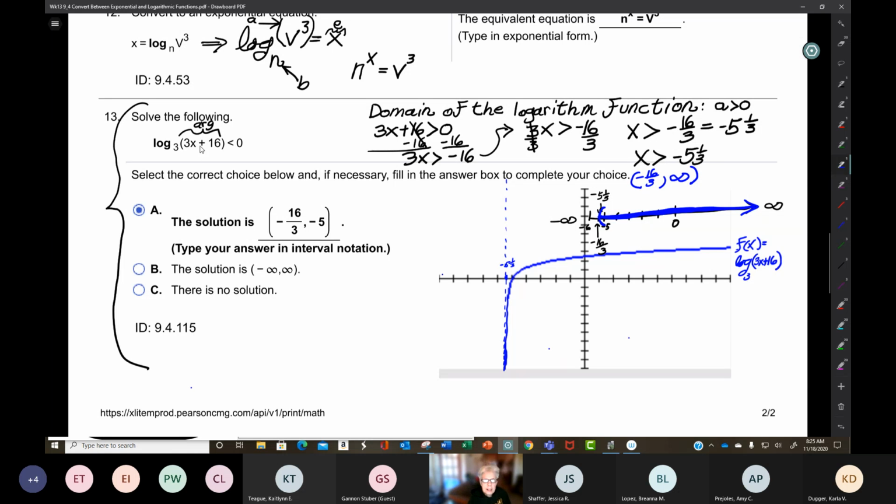What we have here is an inequality. What this is saying in particular is we're only interested in the part of the function that is below the x-axis.